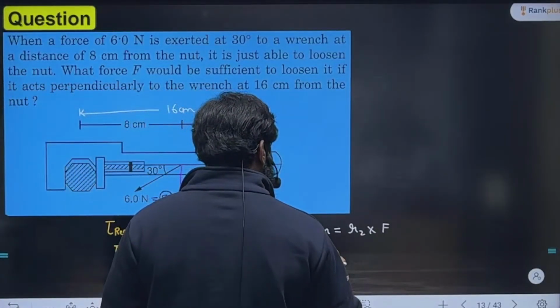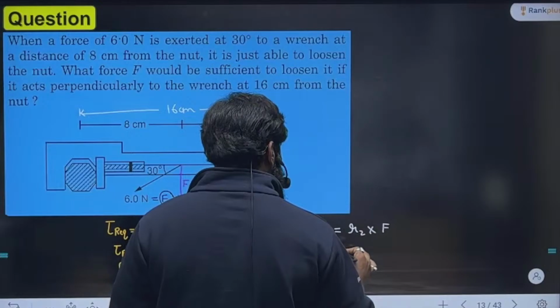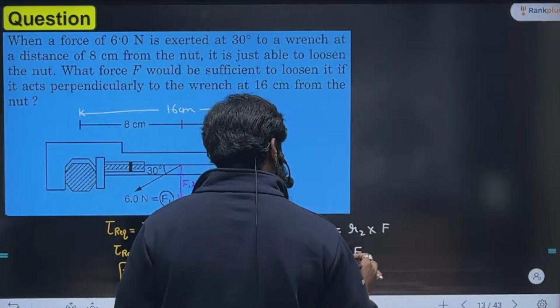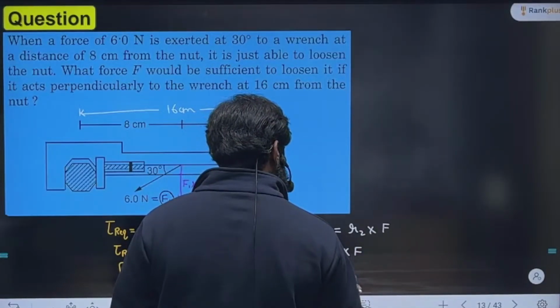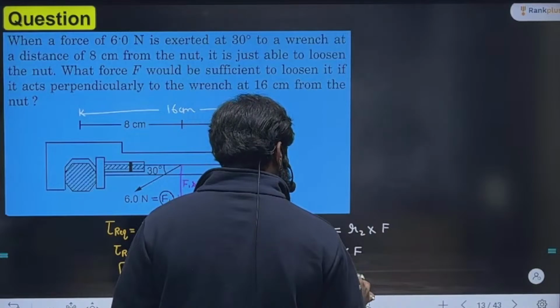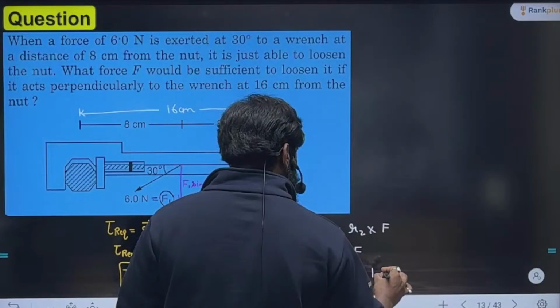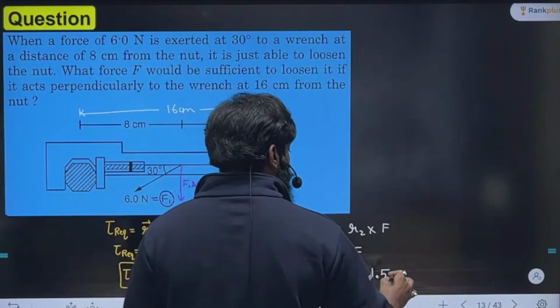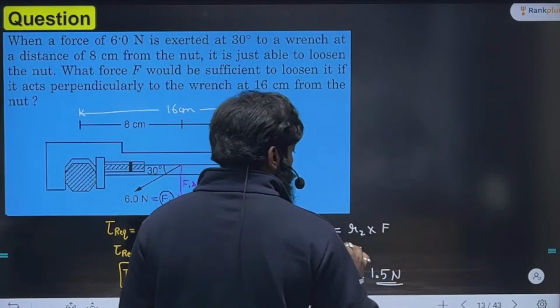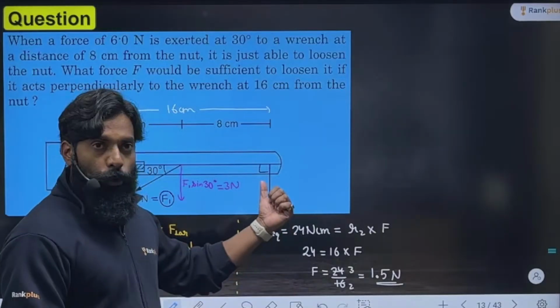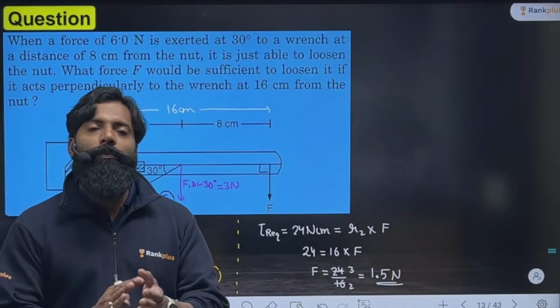You could write it as 24 is equal to 16 into F. So F is equal to 24 divided by 16, 3 by 2, which is 1.5 Newton. So the new force required is only 1.5 Newton.